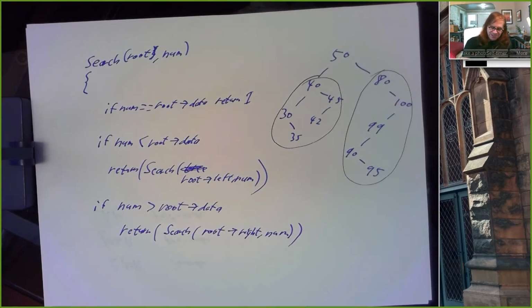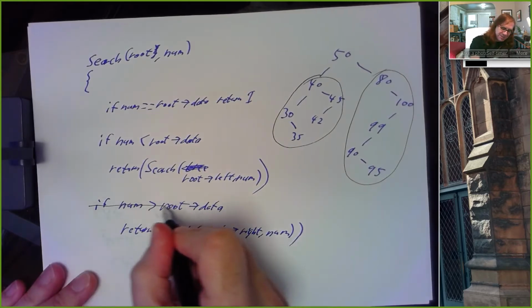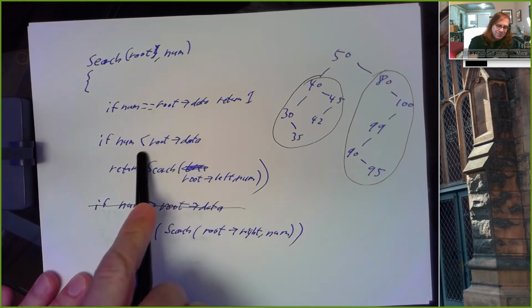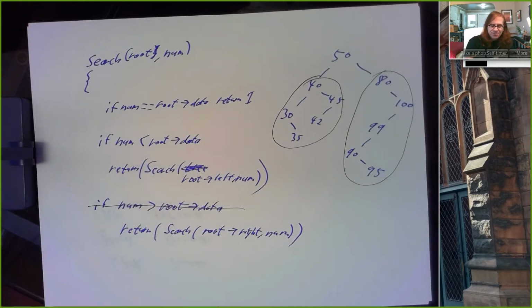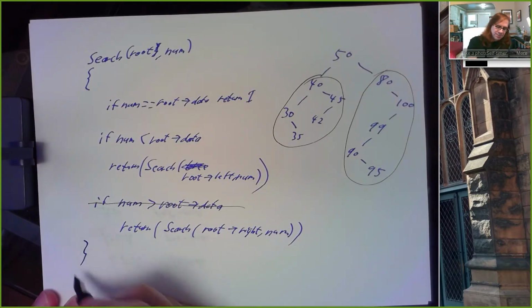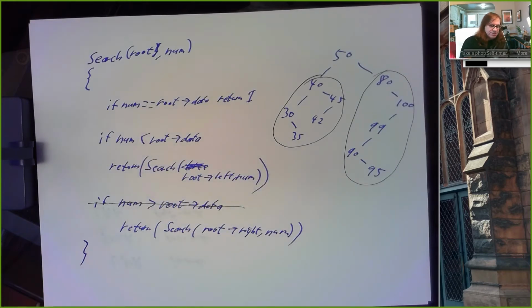We don't actually need to have this if statement, but it might make things clearer to have it. But if it's not equal to the root and not less than, we know it's bigger than the root, so we search the right subtree and return that. And this is almost your whole search algorithm. And it's 1, 2, 3 lines of code.